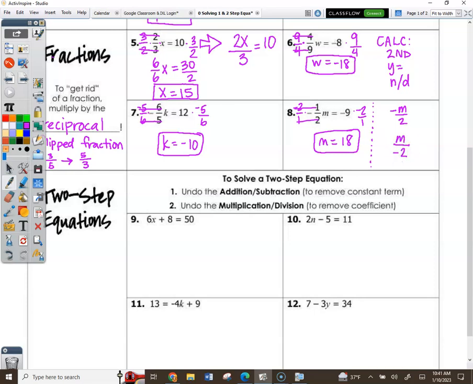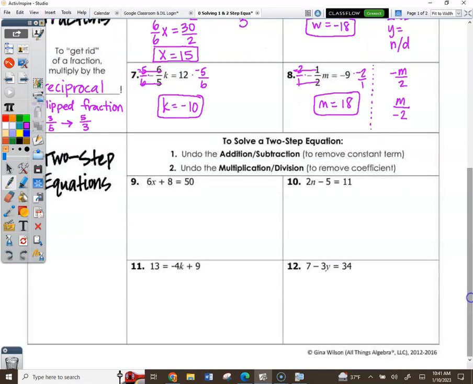All three of those are the same. Negative 1/2 m, negative m over 2, m over negative 2. They all mean the same thing. So just start training your brain to understand, if you have a fraction and the top number is a 1, then we're actually just dealing with that bottom number, right? Okay.